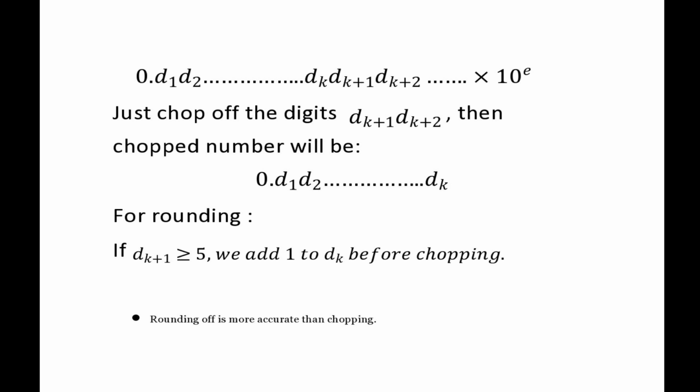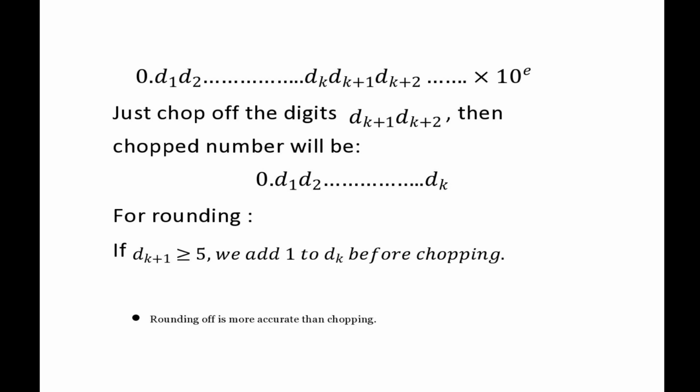There are two ways of approximating a k-digit decimal machine number. In chopping, I want to chop it off up to dk, and skip dk plus 1, dk plus 2, and so on.